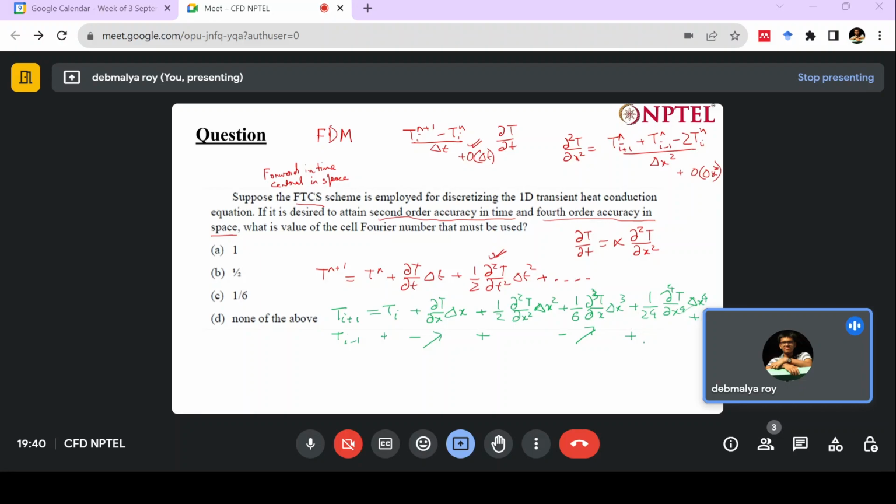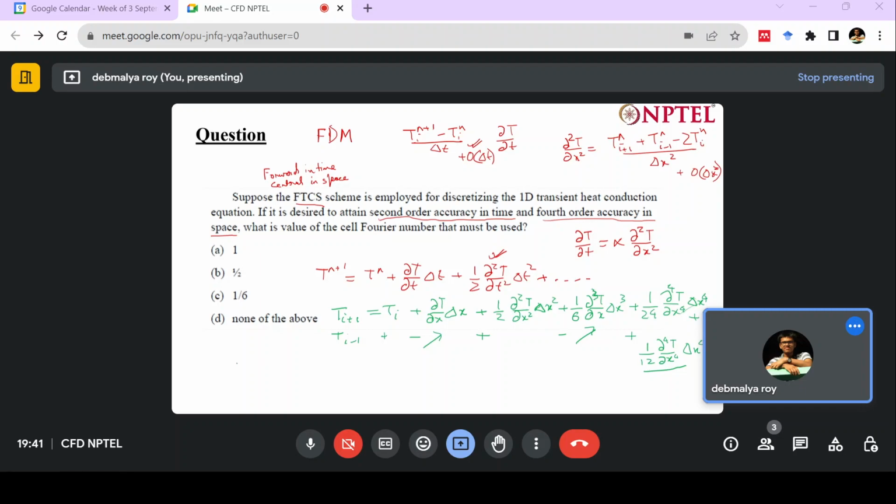So what we are left with here is 1 by 12 del to the power 4 T by del x to the power 4 delta x to the power 4. And this is what is important to us, because this is what would determine that the burden of accuracy shifts to the next term.